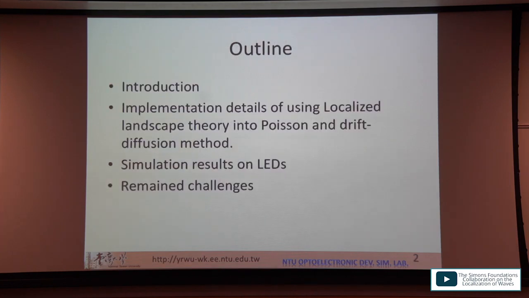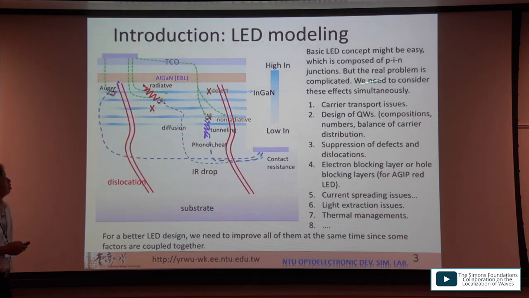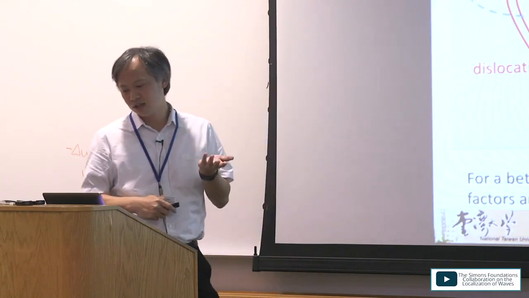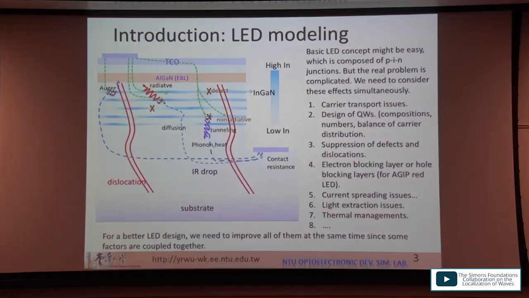So let me introduce that I'm personally interested in device modeling. I'm working on developing a real simulation tool that can handle all the problems of LEDs, but not just limited to LEDs. I'm actually interested in transistors and other devices.